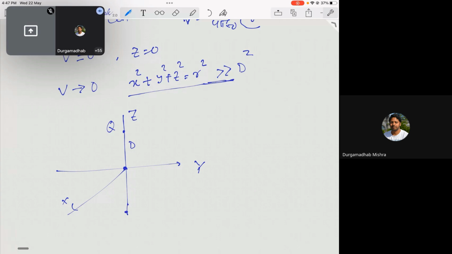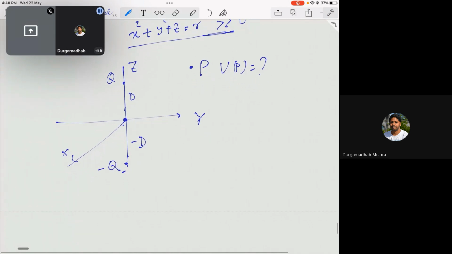Now I put another charge minus q at distance d below the origin. So q is in the positive z direction and minus q is in the negative z direction, and I want to find the potential due to this charge distribution at point P. What is V?